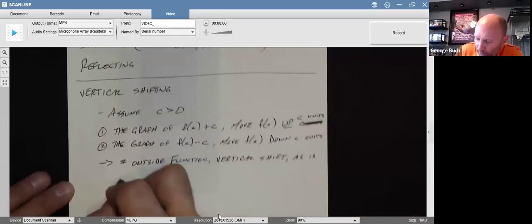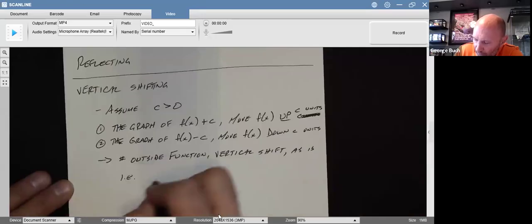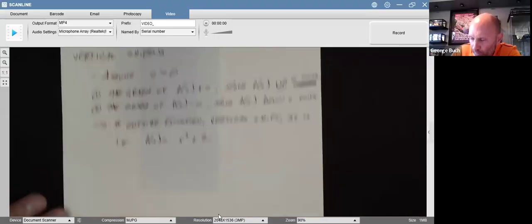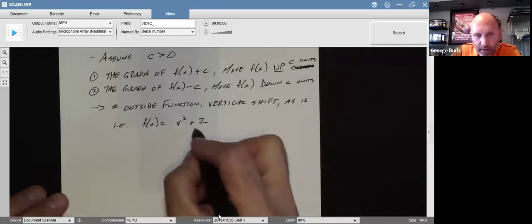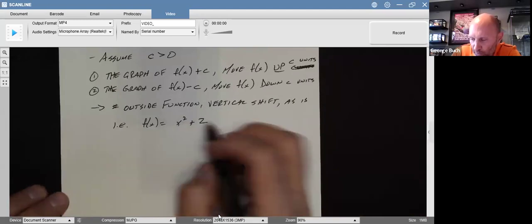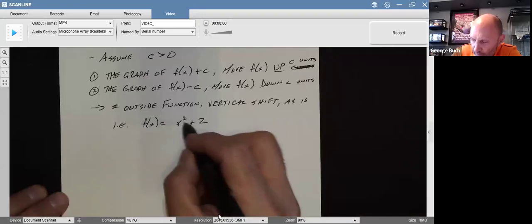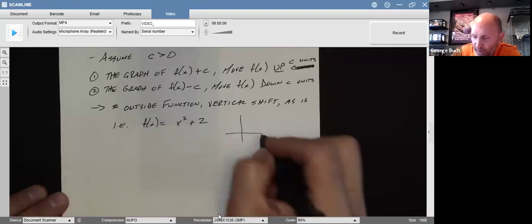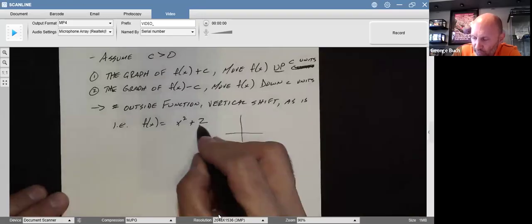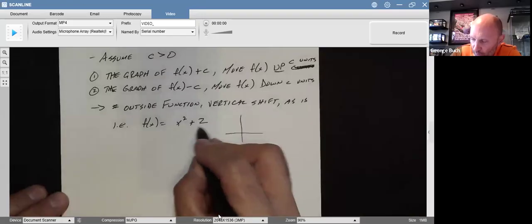So just as a quick example, if I have f of x is equal to x squared plus 2, well, the 2 is not included with the squared portion here, with the parabola part. So we know that this is a parabola, and because it's outside of it, it's vertical shift, and it's as we see. So I see a plus 2 meaning up 2 units.